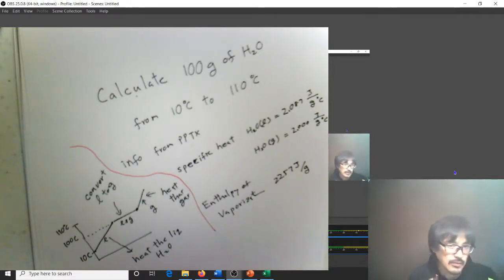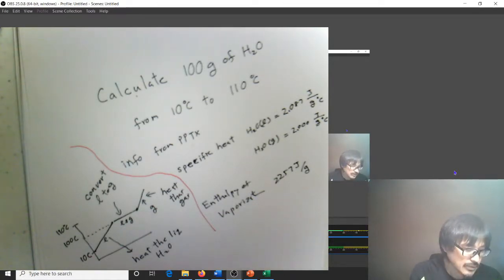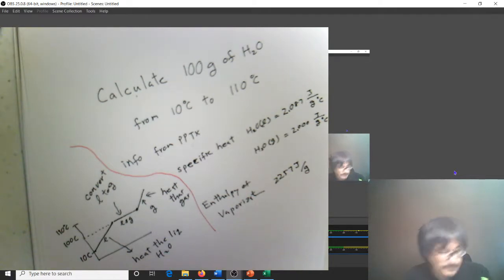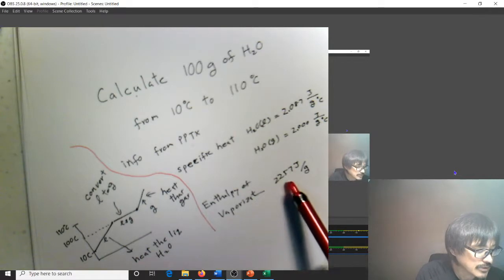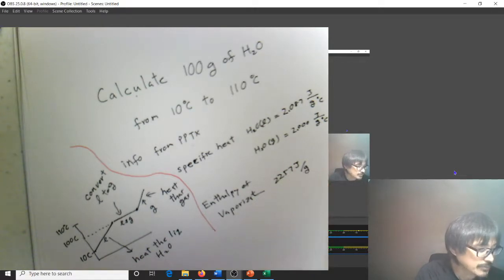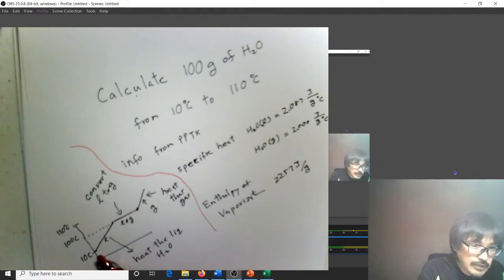And another thing that we need is the energy required to convert the liquid water to gas. That's the enthalpy of vaporization, that's 2257 joule per gram.